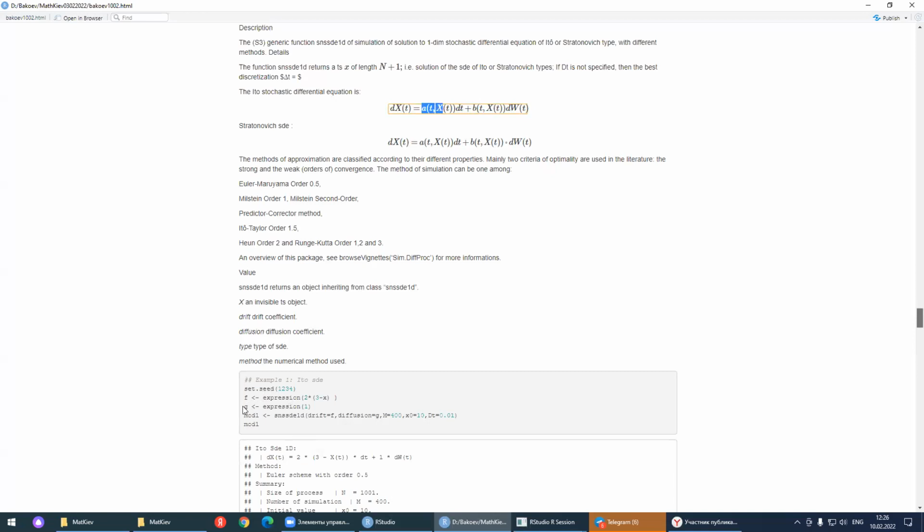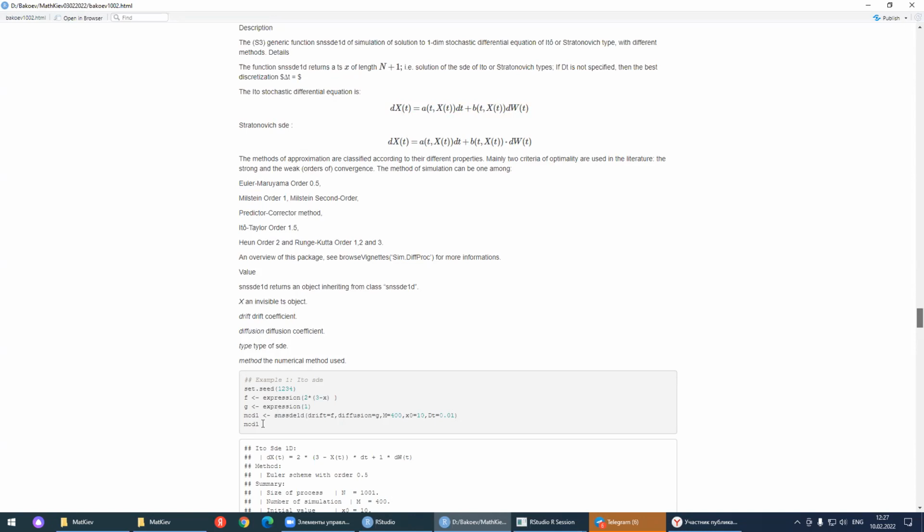Then the model means I give drift equal f, diffusion equal g, and the sample volume m equal 400, x0 equal 10, and dt with this step.